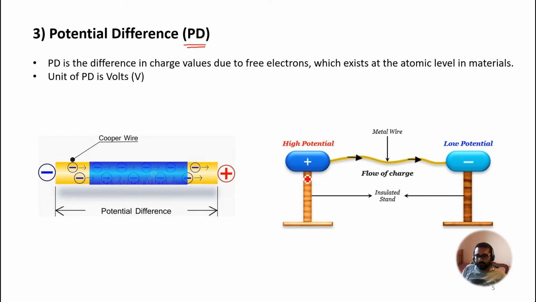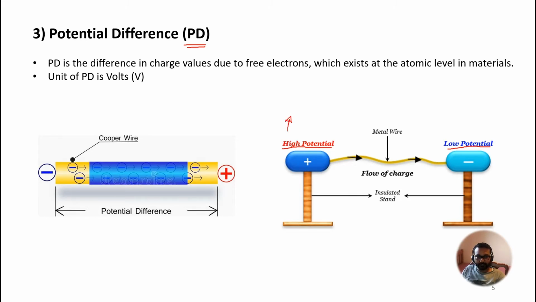Now we say that the current would flow from a higher potential towards the lower potential, right? So what do we mean by higher potential and lower potential? Any material is said to be at higher potential if the concentration of charges in that material is more, right?